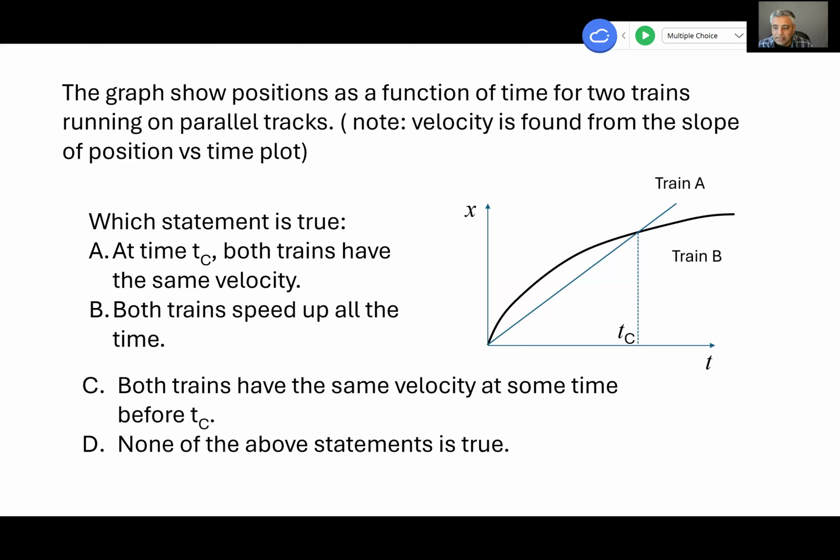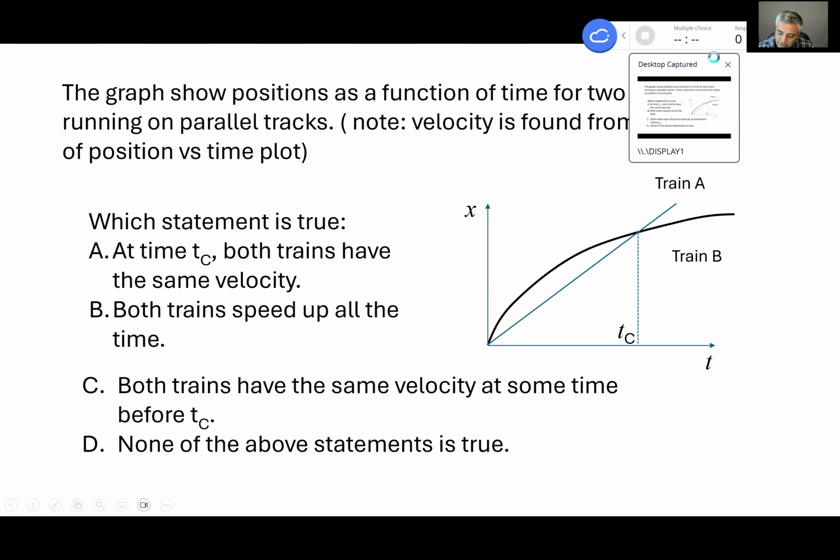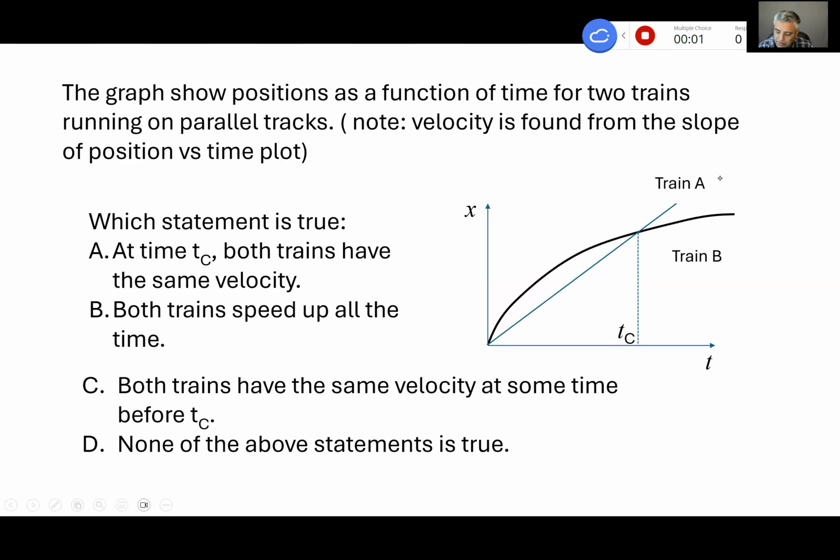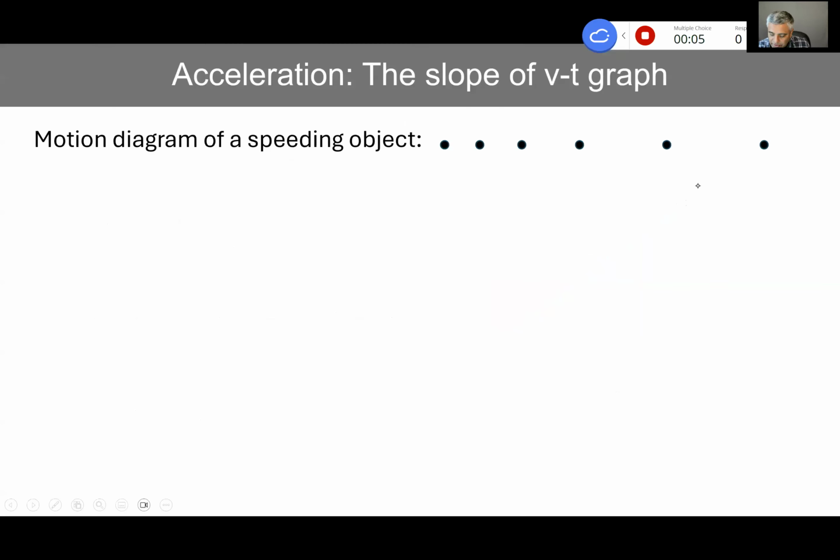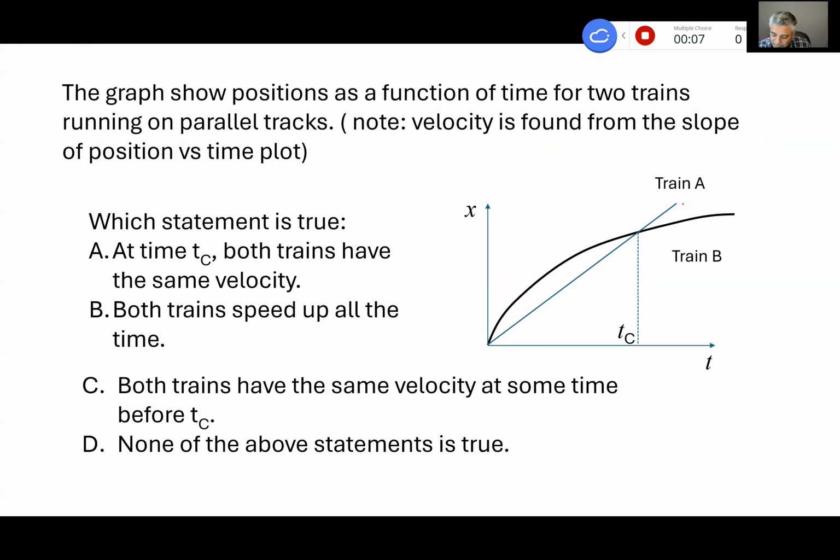So now here is another question for you. And you have a minute to answer this question. So there are two objects. One is moving something like this. Train A is moving, and train B has a curve. Train A has a straight line graph. Both of them are position versus time graphs.